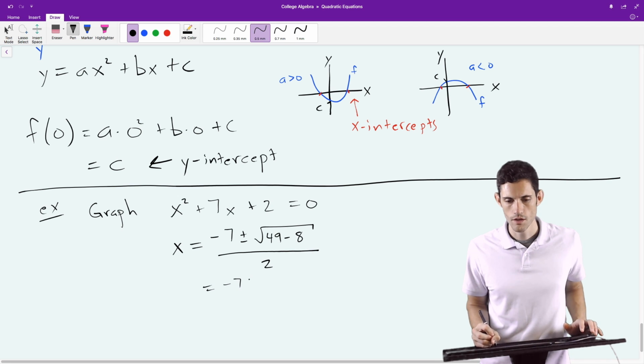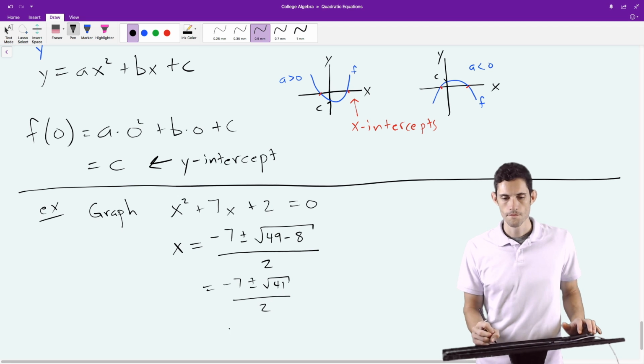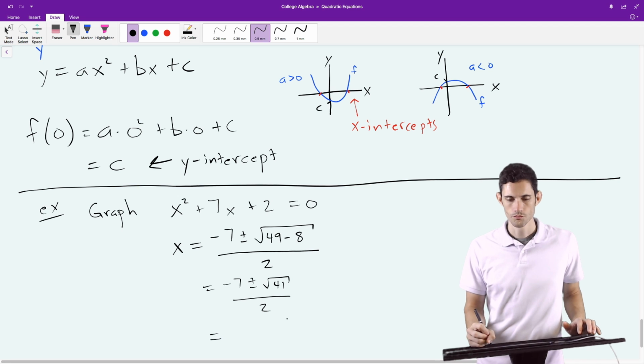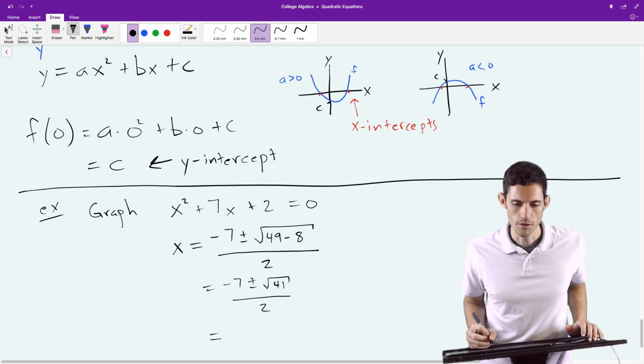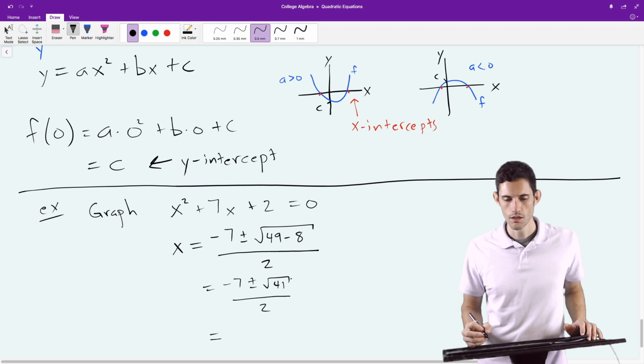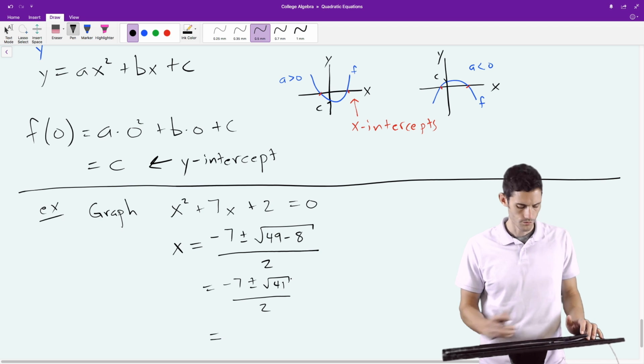So I have negative 7 plus or minus the square root of 41 all over 2. So I don't know what that number is, but I know that 6 squared is 36 and 7 squared is 49. So this number must be somewhere between 6 and 7.